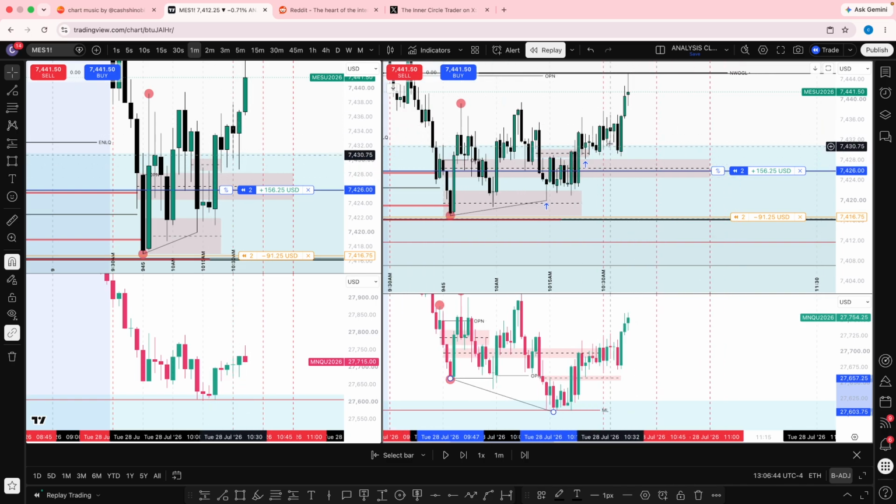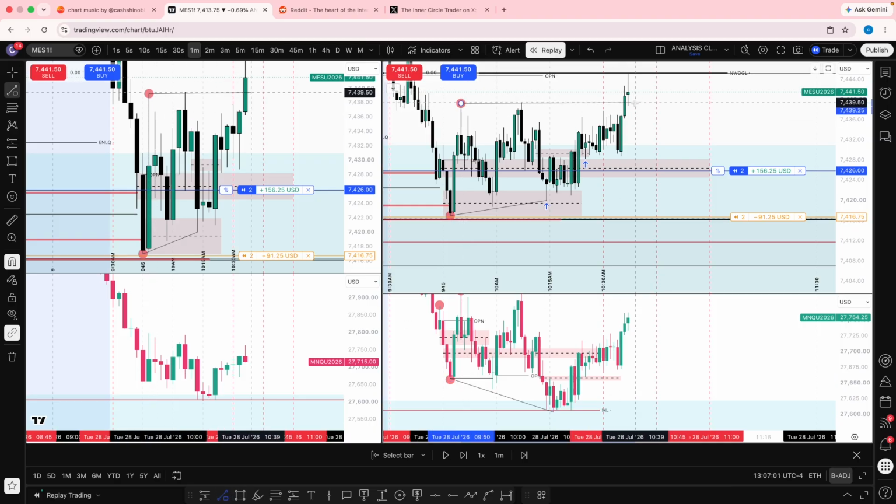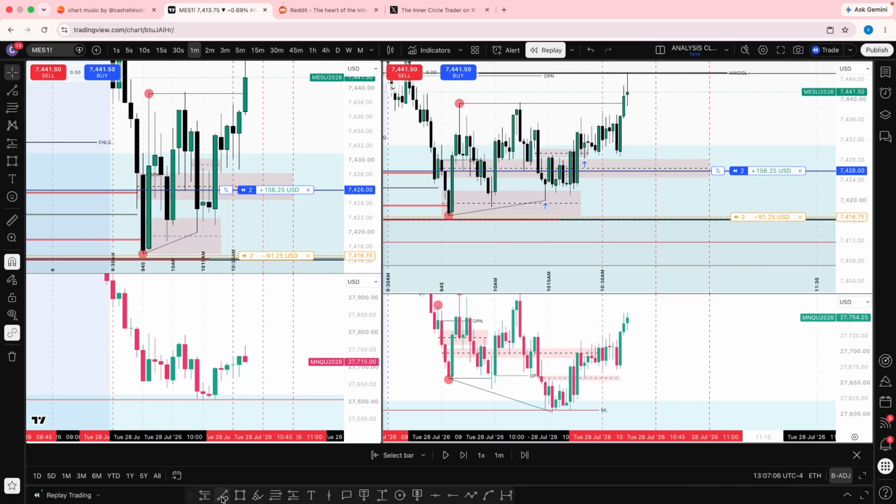So at 10:30 we open, created a low right here, and here we came up like this. So now we're in this area right here, and we just took out liquidity right here. So we took liquidity right there.